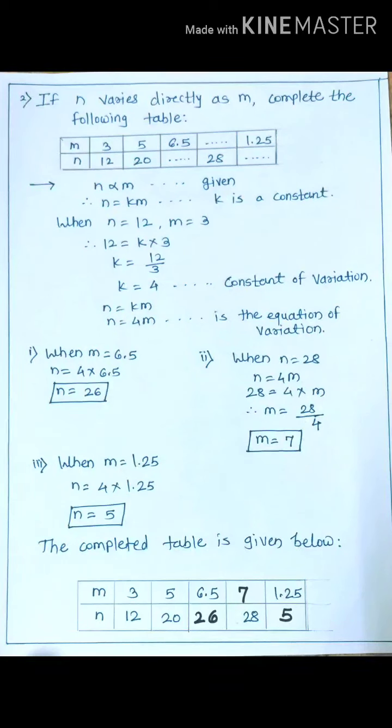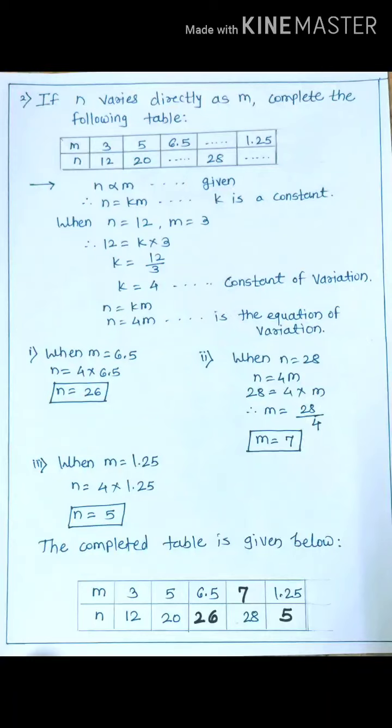Let's study the second example. If n varies directly as m, complete the following table. Students, observe the given table. Here, what is given? n varies directly as m. Therefore, n is equal to km, where k is a constant. When n is equal to 12, m is equal to 3.